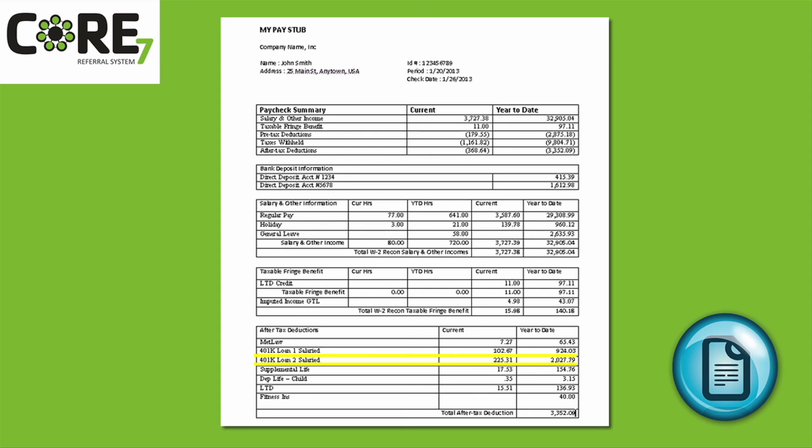You don't want to miss them because it can affect whether the client qualifies for the loan or not. On a side note, it is also a good way to verify if the client contributes to their 401k. As we explained earlier, there are a lot of opportunities to add value by showing the client how to contribute more to their retirement funds.